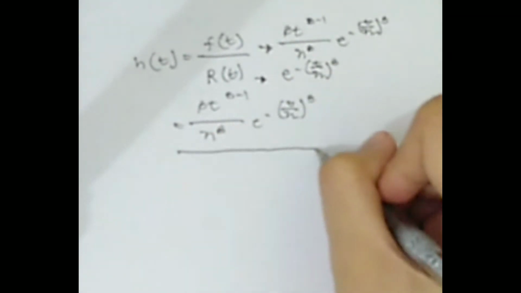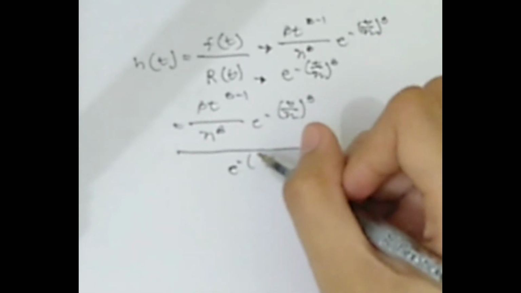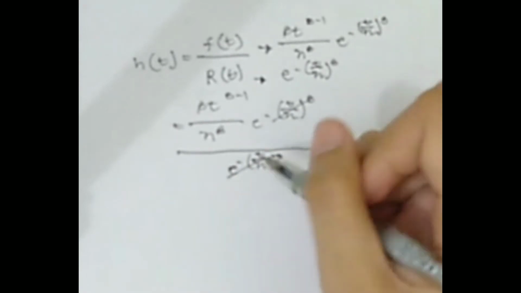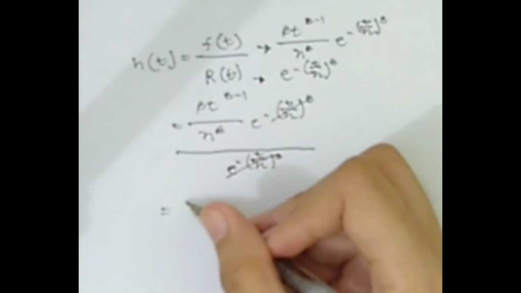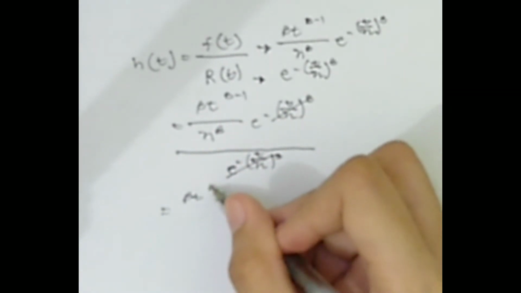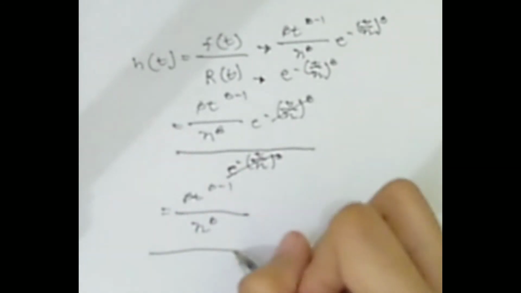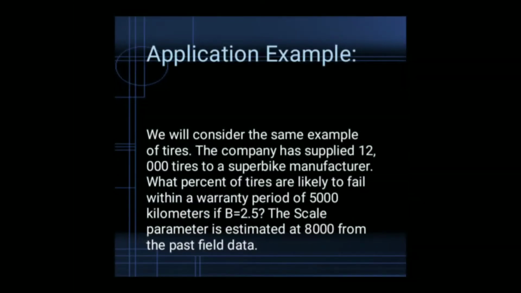So, ang gagawin natin is substitute lang natin yung value. Then after that, cancel out yung magkapareho para makuha natin yung pinaka-value na beta times t raised to beta minus 1 over eta raised to beta.